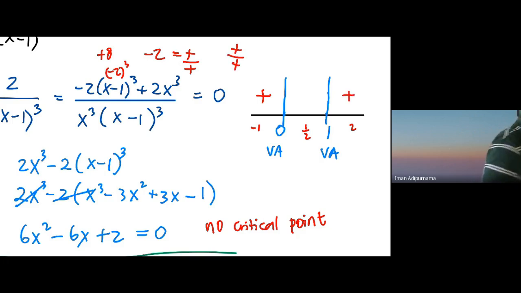For half, I think the sign will be negative because it's only half and then it's negative, so it should be negative, right? Okay. I'm just doing some quick calculations. You can check if you want one by one. So this will be negative.